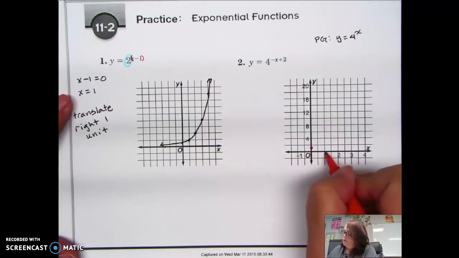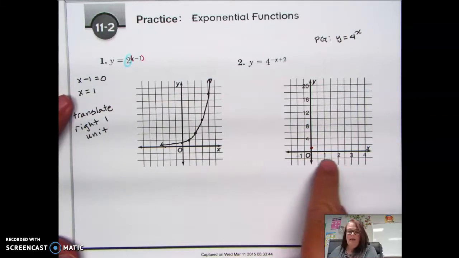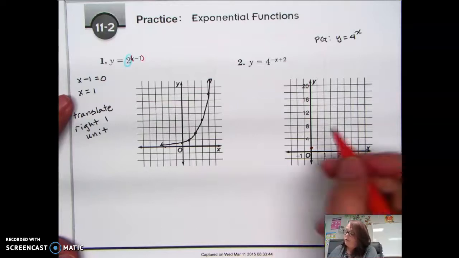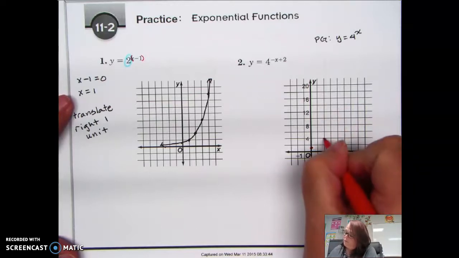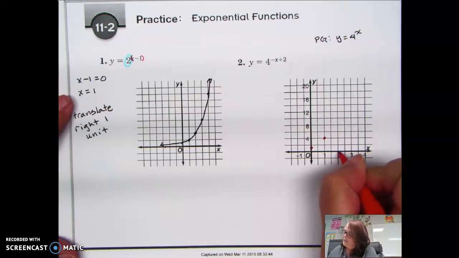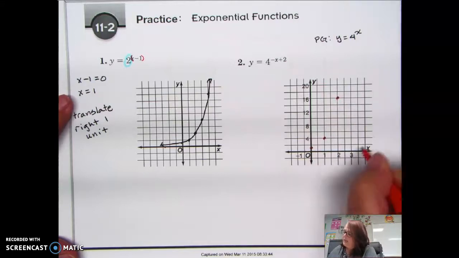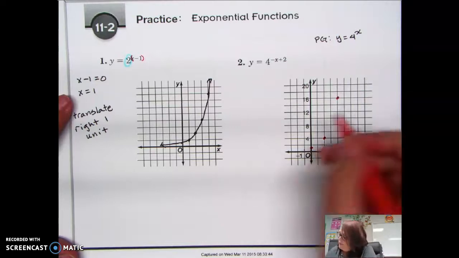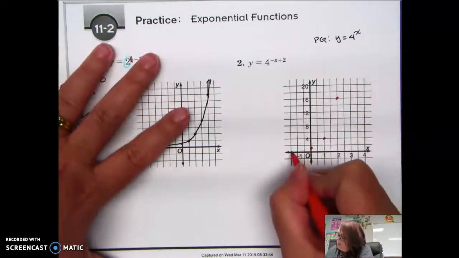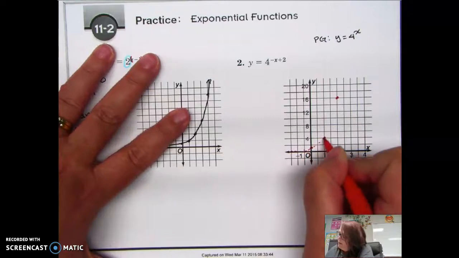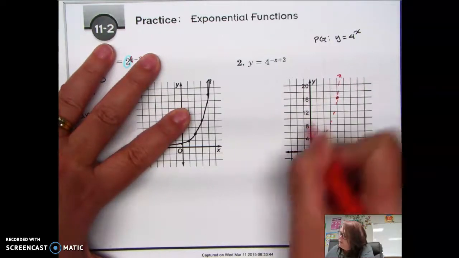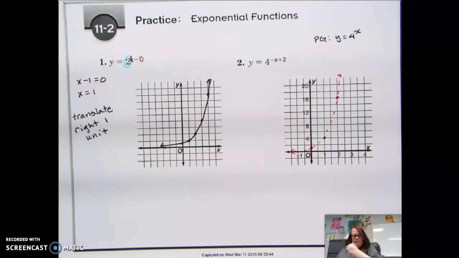And then 4 to the first power, noticing my scale on my x-axis as well as my y-axis. So 4 to the first power is 4, and 4 to the second power is 16, and 4 to the third power is 64, which is not on there. And so again, remember, it's always increasing to the right when my b value is greater than 1. So this is my parent graph.